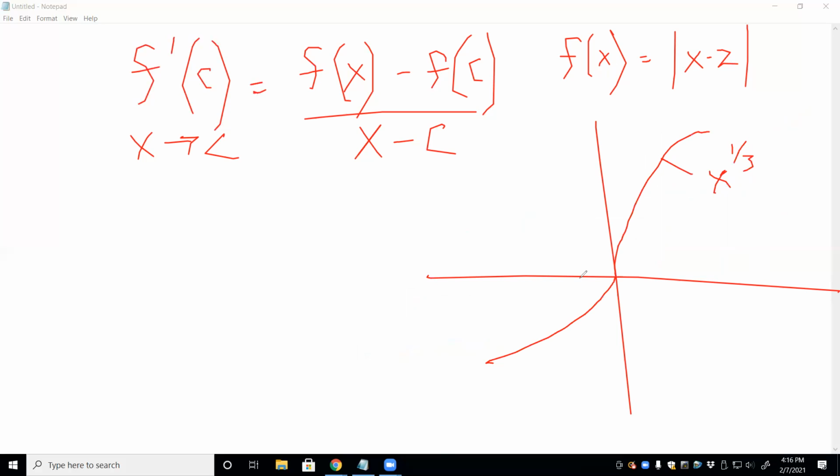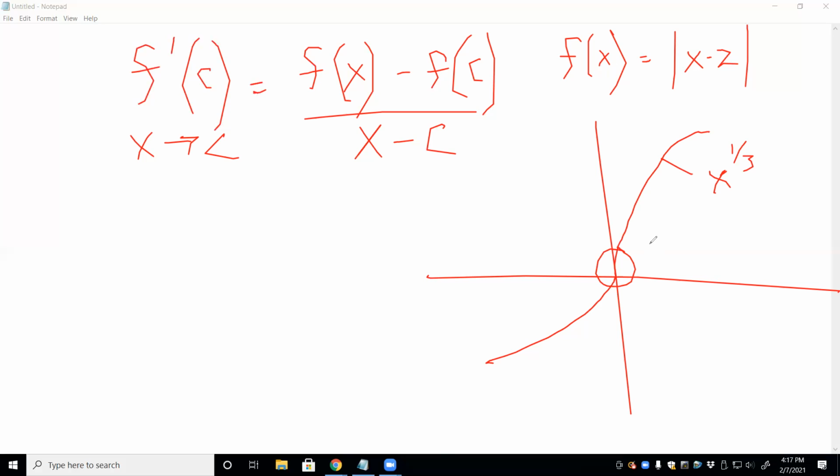Okay. And if we look at x equals 0, and we try to figure out the derivative there, the derivative does not exist, and therefore the tangent line has a vertical slope. And if it's a vertical slope, then its first derivative does not exist at x equals 0.